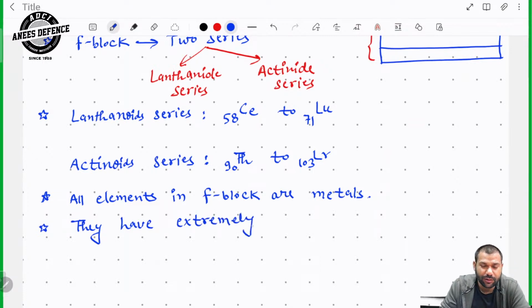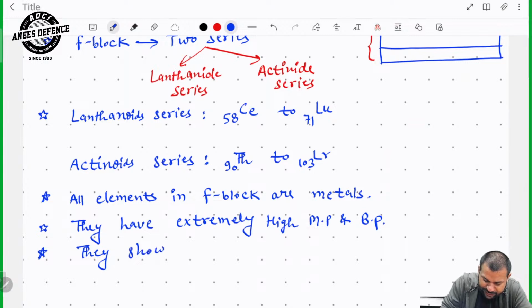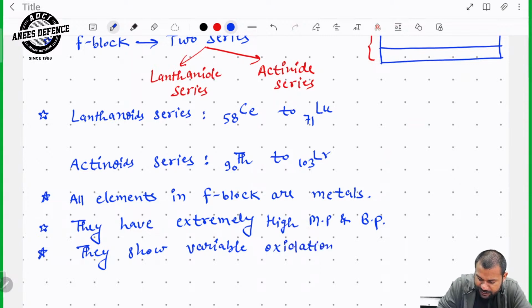All the elements in F block have extremely high melting point and boiling point. Understood? They show variable oxidation states.